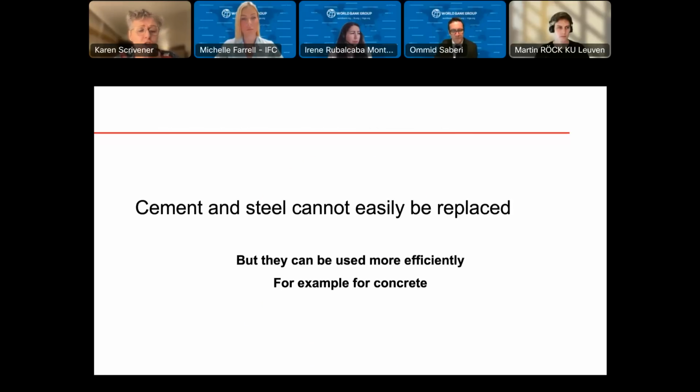So the conclusion of all of this is, cement and concrete and steel cannot easily be replaced, but they can be used more efficiently.